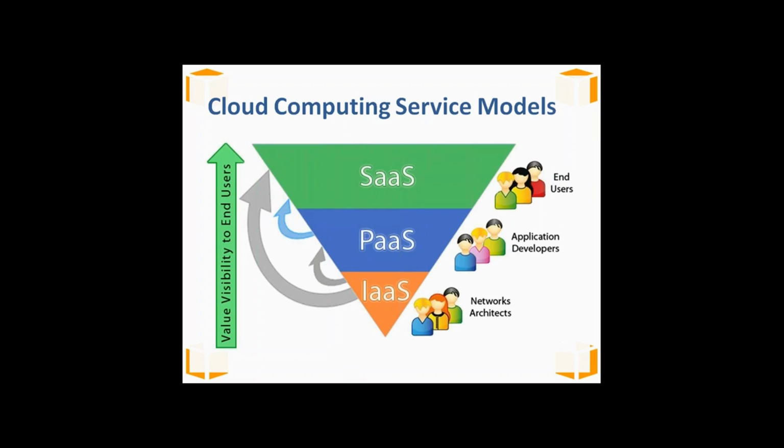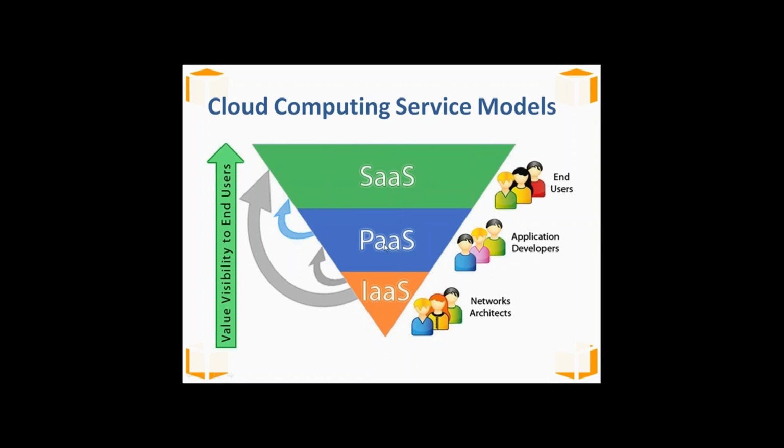Now, I have given this picture for you to understand the relationship between infrastructure as a service, platform as a service, as well as software as a service. Basically, the end users borrow software which has been provided by SaaS, whereas the application developers, whether Java, .NET, Python, or some other technology, develop applications using platform as a service.